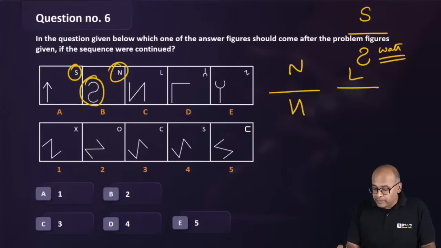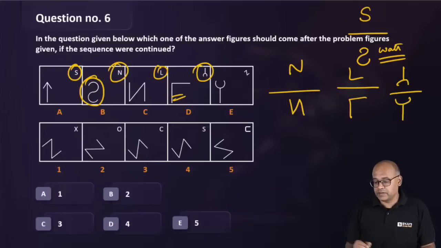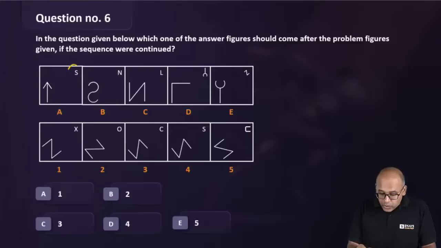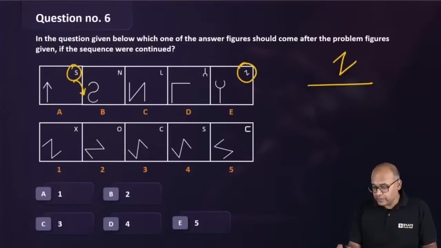The water image of L will be like this, so you can see L is coming over here. So basically whatever is here, its water image is coming here. So the water image of this figure will be somewhat like this.